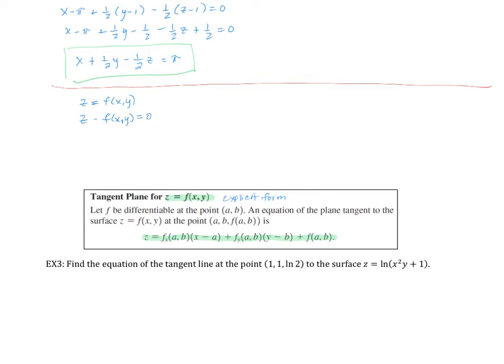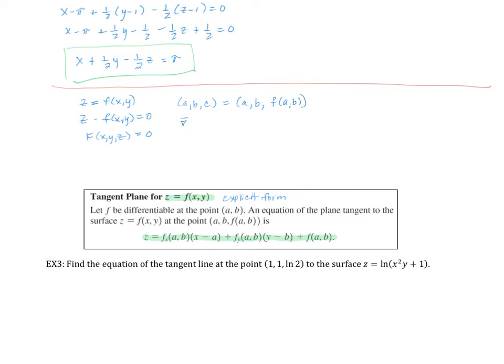So we're going to compare that to the implicit form with the equation set equal to 0. My point a, b, c is going to be the point a, b, but now c is our z value, which would be f of a comma b. So this is the point that we're going to use.